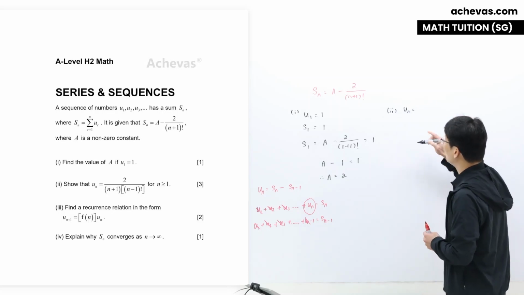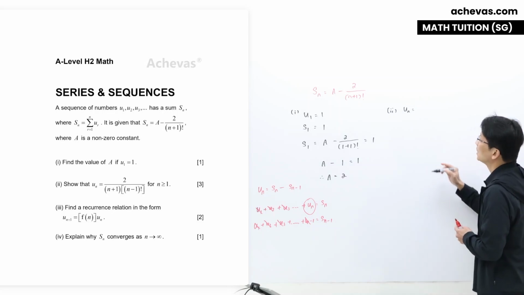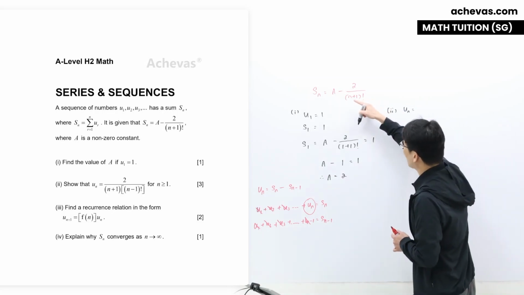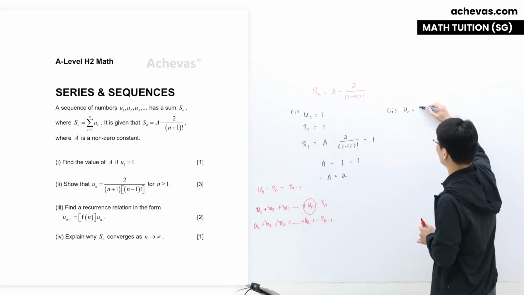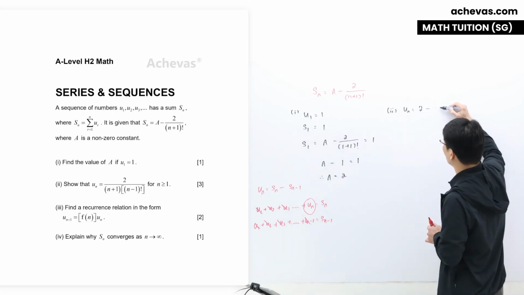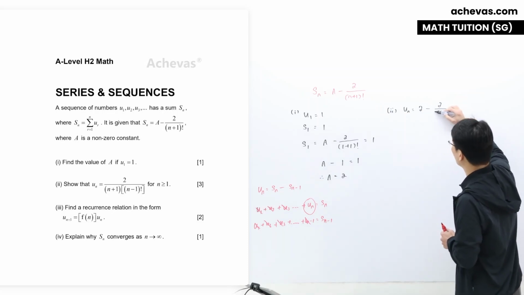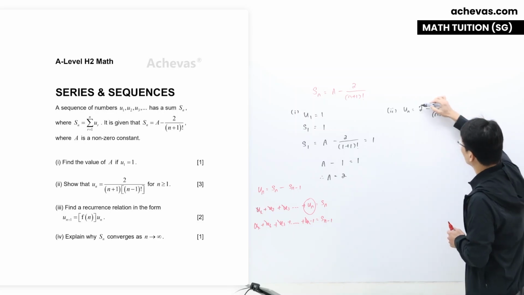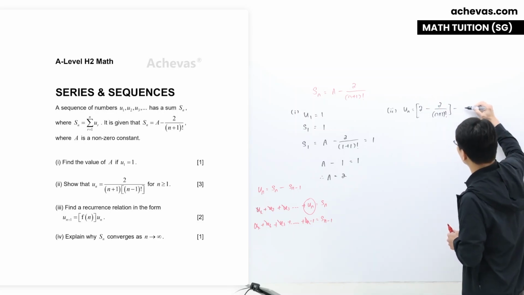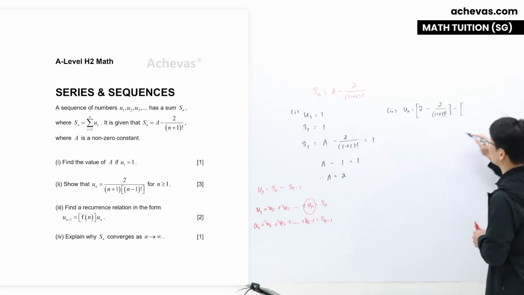So for this case, un will just be equal to Sn minus Sn minus 1. So I will have this, which is my Sn, 2 minus 2 over (n plus 1) factorial. Let me just put a bracket here to show the separation of the terms.